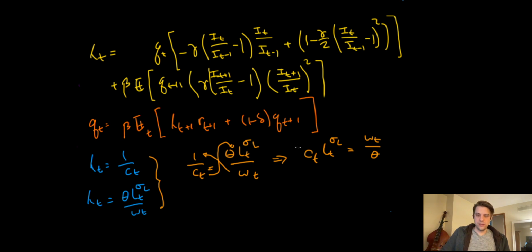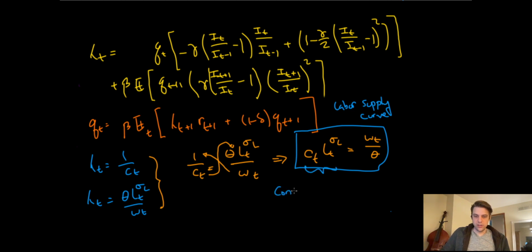Now remember that this is the supply curve. This is the labor supply curve. And remember that this is the consumption leisure marginal rate of substitution. And you can see that if you just compute the derivative of the intratemporal utility function with respect to CT, that equals 1 over CT.